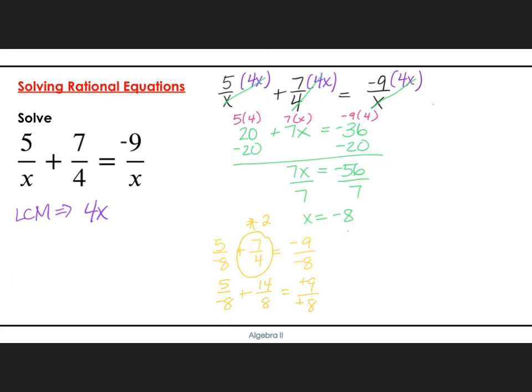And then if this is 5 over negative 8, but I have negatives at the bottom, then I want to put that negative at the top. So negative 5 plus 14 is going to give me a positive 9, and then my denominator is 8. So all is well in our world. Okay, let us move to the next one.